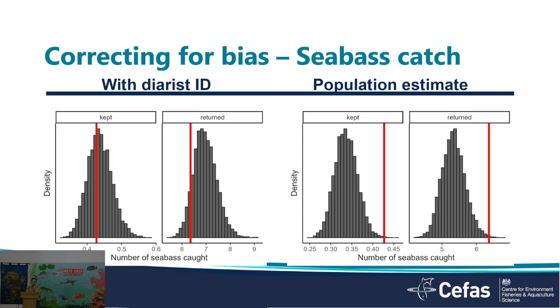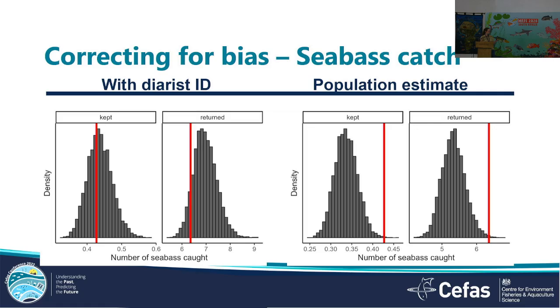And then within it, we can also correct for bias. This is an example of how we check for bias within CBAS. We run the model with diarist ID as a random effect, and that gives us the plot on the left, which you can see is quite a close fit. There's a little bit of overestimating in the return, but nothing dramatic.